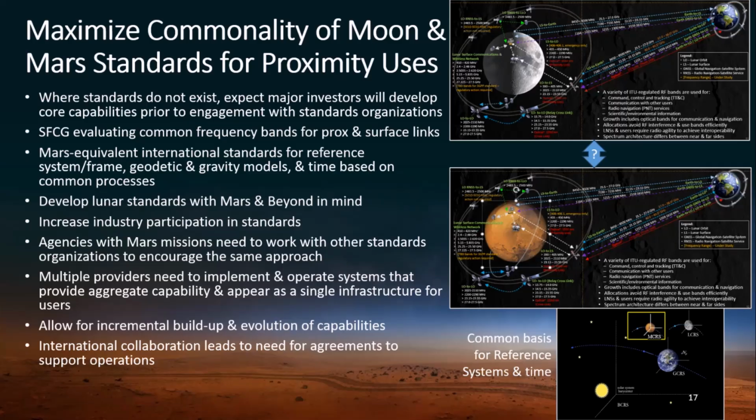All of this, of course, will take place over 20 years or more, so there will be incremental development and evolution of these capabilities. But the bottom line for governance, this is going to require a lot of collaboration sustained over a long period of time. We'll evolve from the ad hoc situation of informal handshake basis today to more formal agreements, leading to some changes in the formal binding governance as well.